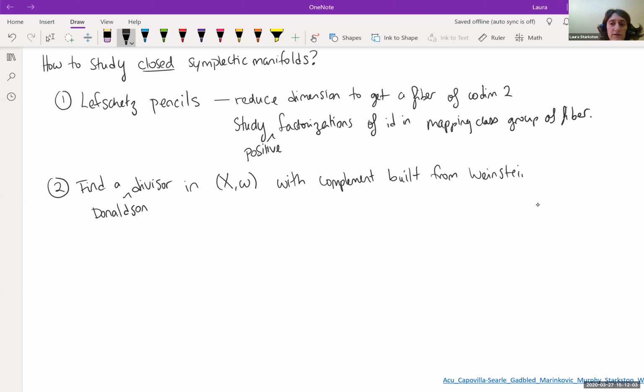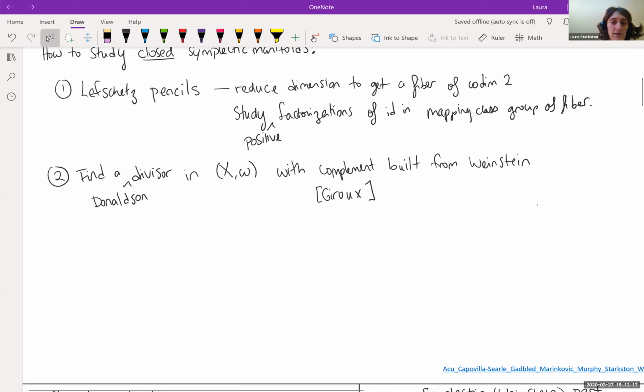This decomposition exists on any closed symplectic manifold by Giroux, extending these asymptotically holomorphic techniques of Donaldson divisors. One difficulty with this strategy is that, first of all, the divisors can be very complicated. This Donaldson asymptotically holomorphic technique gives you some pretty complicated submanifolds, but the complements themselves, even if the divisor is relatively simple, can be quite complicated.